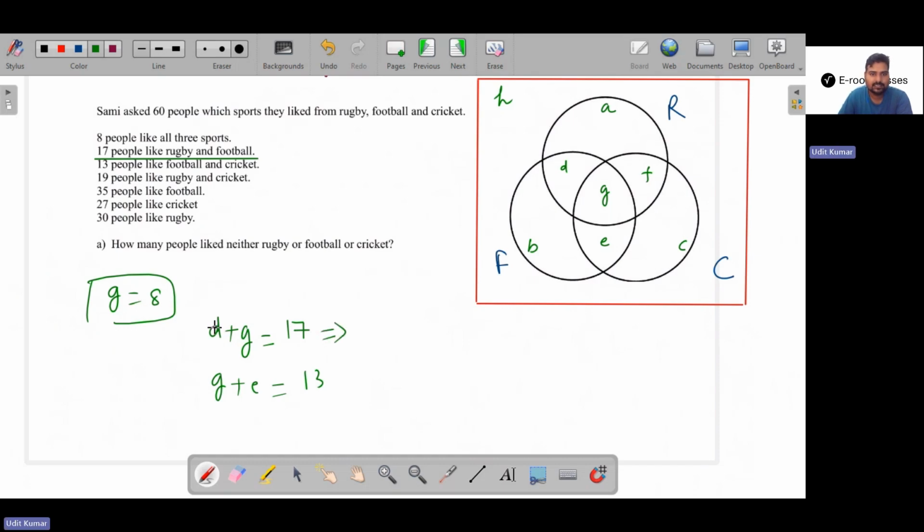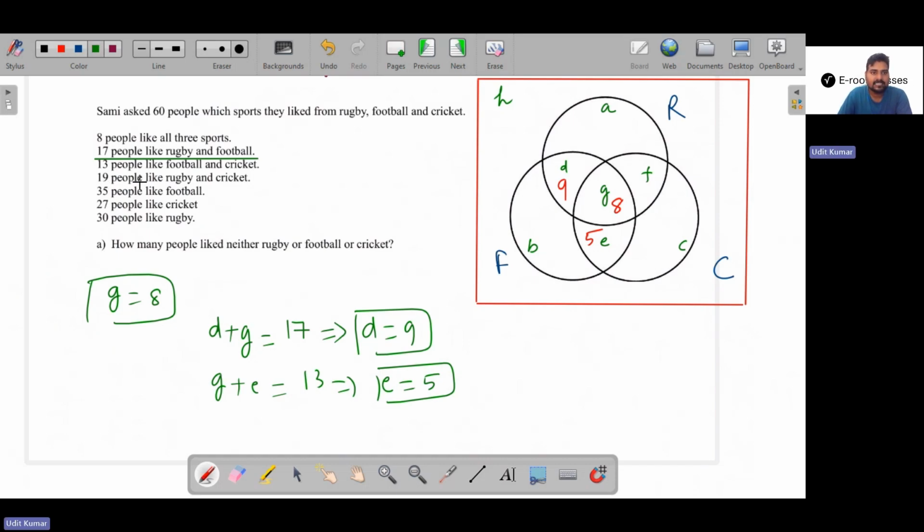G is 8, so D must be 9, right? So D must be 9, G must be 8, and G is 8, so E must be 5, right? So E must be 5.